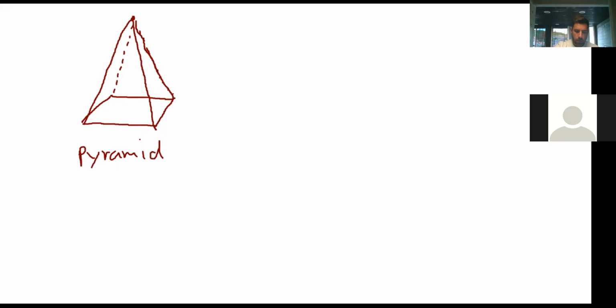Let's use yellow. If I take any horizontal cross section, I have squares, or I could do rectangles, but let's just assume for example that this particular one has a square. Maybe we call this X and X.